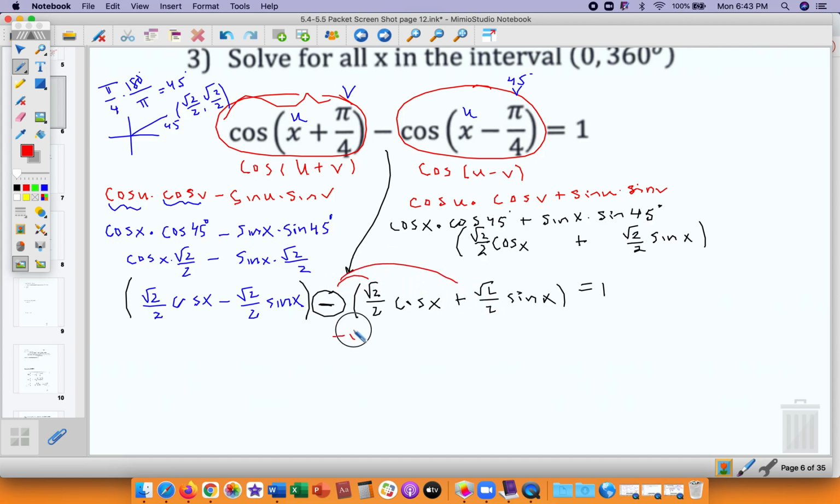So we have negative root 2 over 2 cos x minus root 2 over 2 sine x equals 1. This all drops down, so root 2 over 2 cos x minus root 2 over 2 sine x.